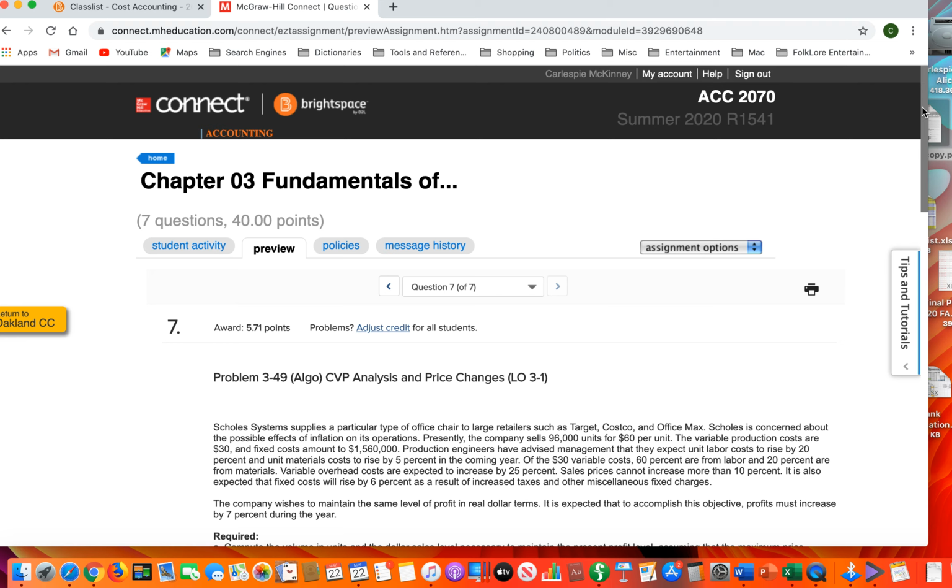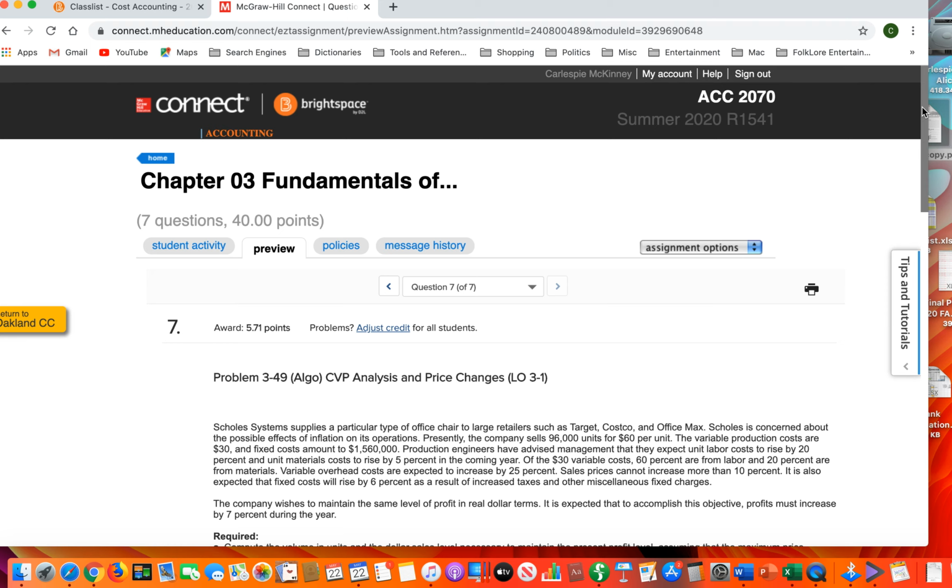Okay, where am I? Yeah, the production engineer said we know we got $30 per unit of variable costs. And so I took that $30, and it said that 60% of that is labor.